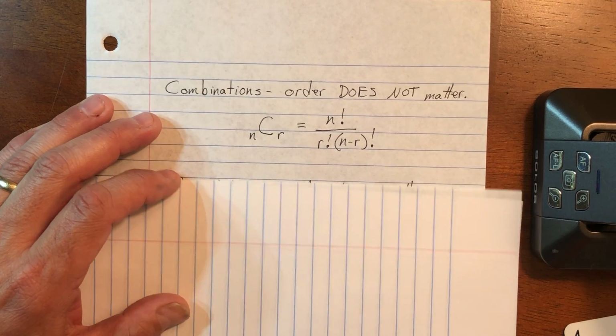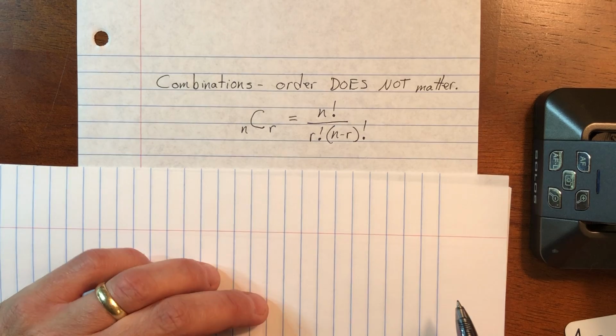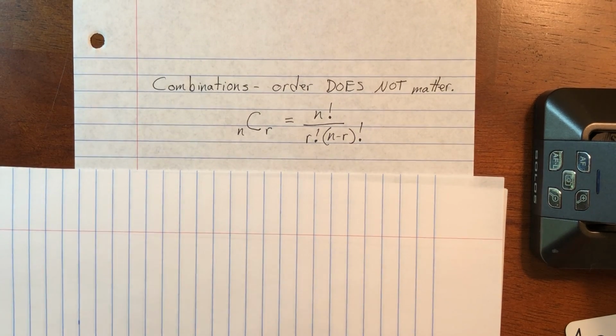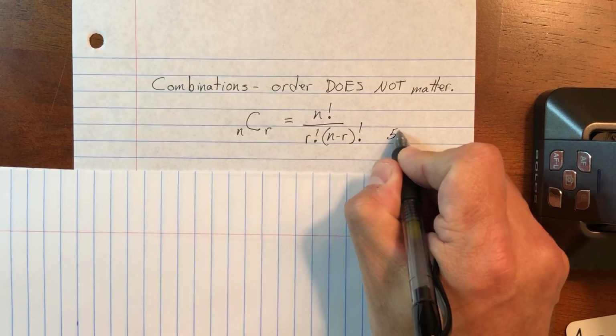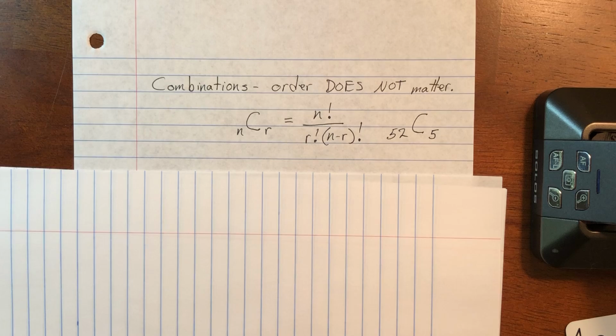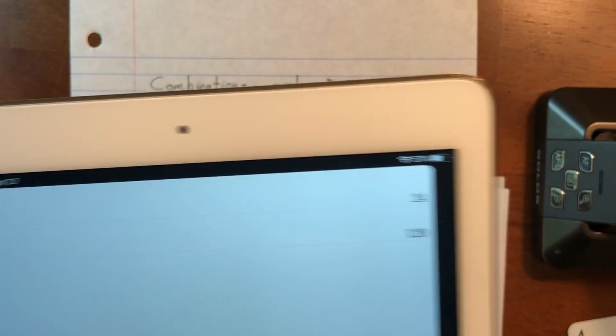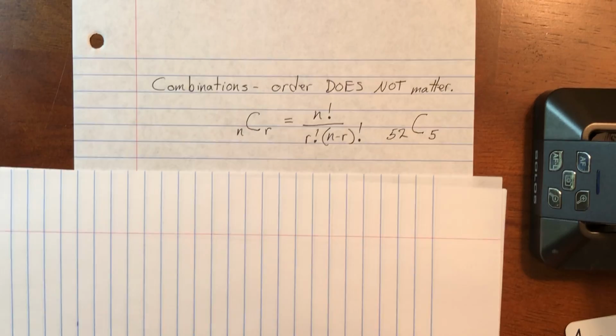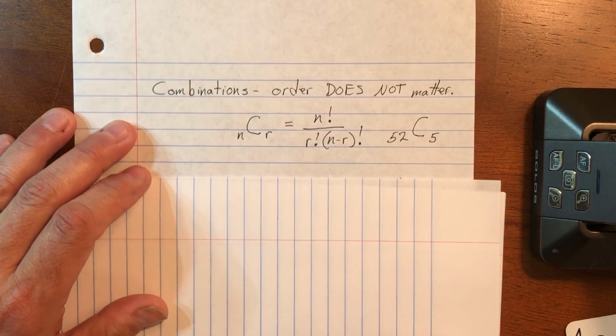So let's say we were going to do this problem and you wanted to figure out, well, what is 52 choose 5. We already know that the answer should be 2,598,960. But we're going to have to do this using this formula now.